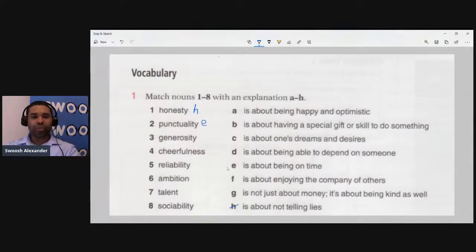So there's another useful noun that we can use to make our speaking more concise and to make our writing more concise also. Generosity. What would we choose for generosity? Any ideas?